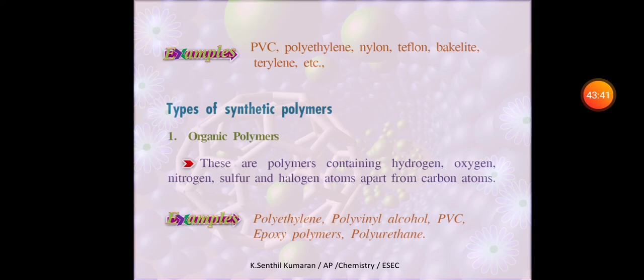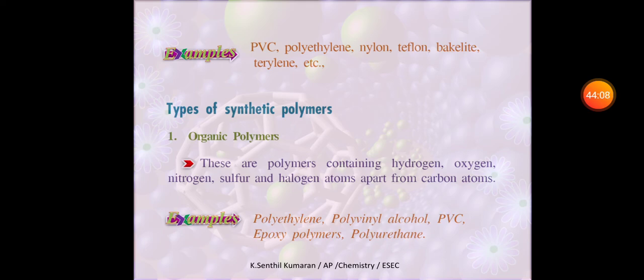PVC, which means polyvinyl chloride, polyethylene, nylon, Teflon, bakelite, terylene. Now, the types of synthetic polymers. One is organic polymers. These are polymers containing hydrogen, oxygen, nitrogen, sulfur and halogen atoms apart from carbon atoms.